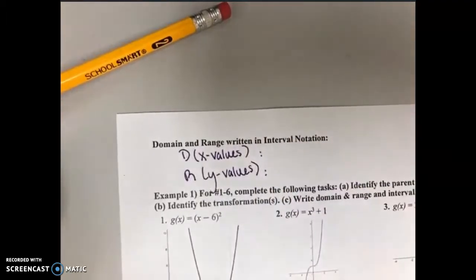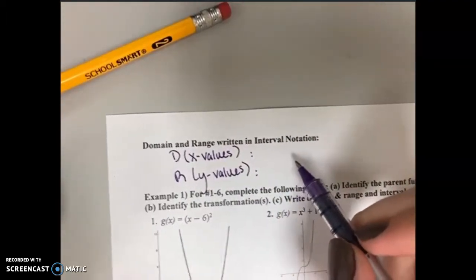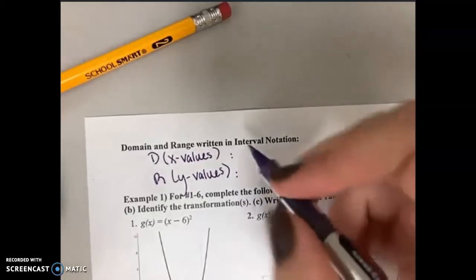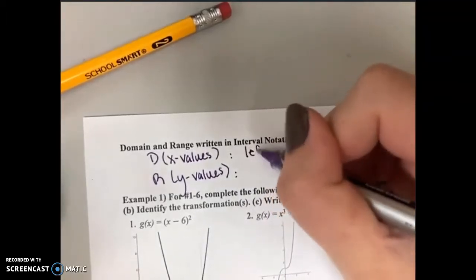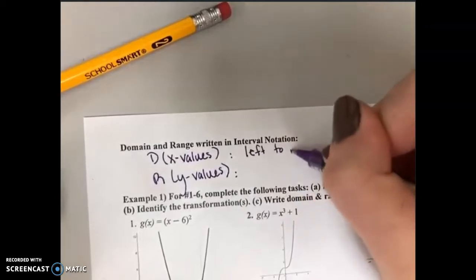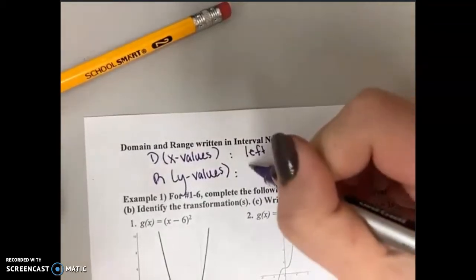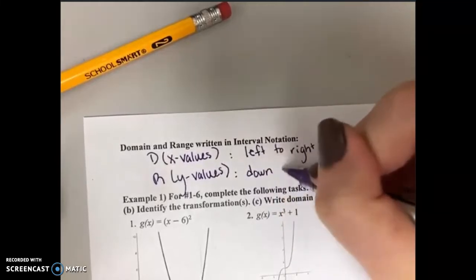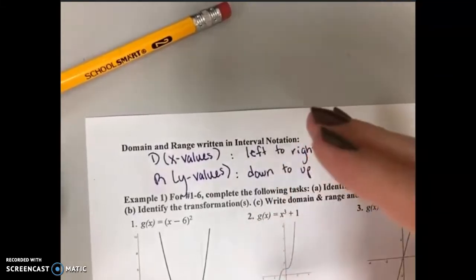When using interval notation, there is a specific way we need to be writing it. So first off, for domain, we always want to read the graph from left to right. And range should always be read down to up. We're starting looking at the bottom of the graph, and then we look up at the top.